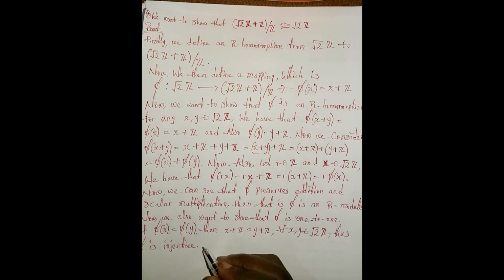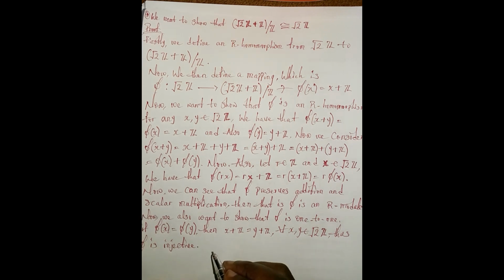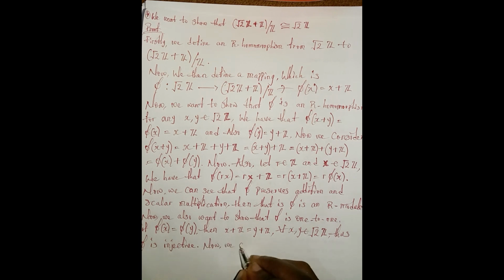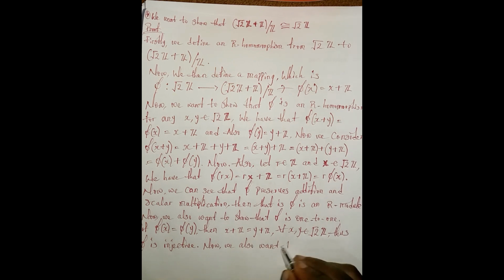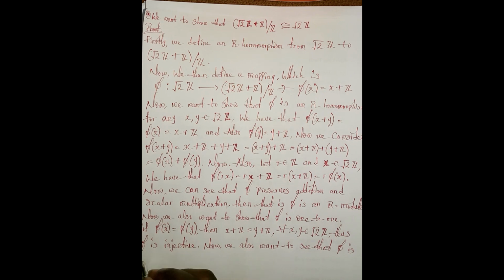Now we proceed again by showing that phi is surjective, meaning that it is onto.